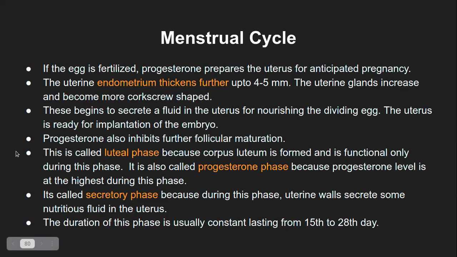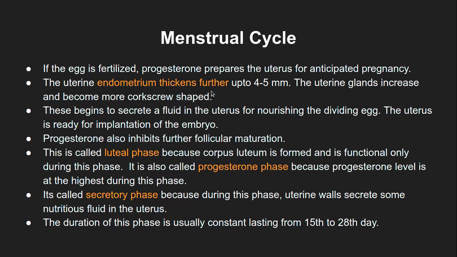In the first phase, the estrogen level was highest. In the second stage, FSH and LH were at their peak, that is in ovulation. And in the last phase, progesterone is at a higher level. And I hope you remember the reason now: to maintain the pregnancy.